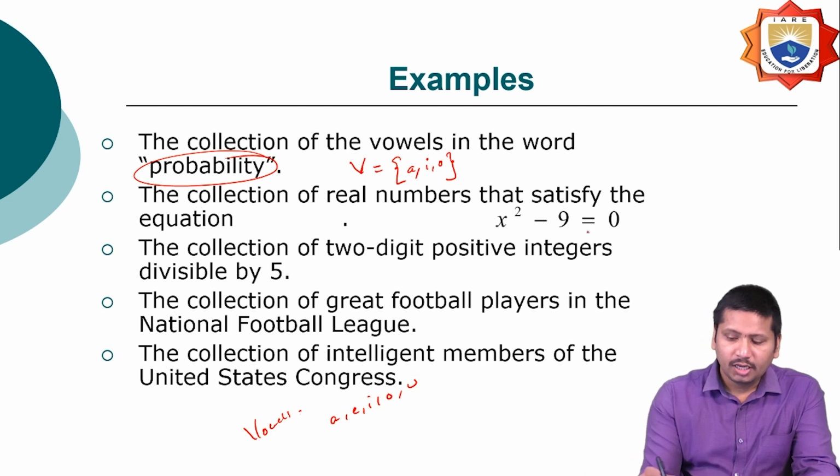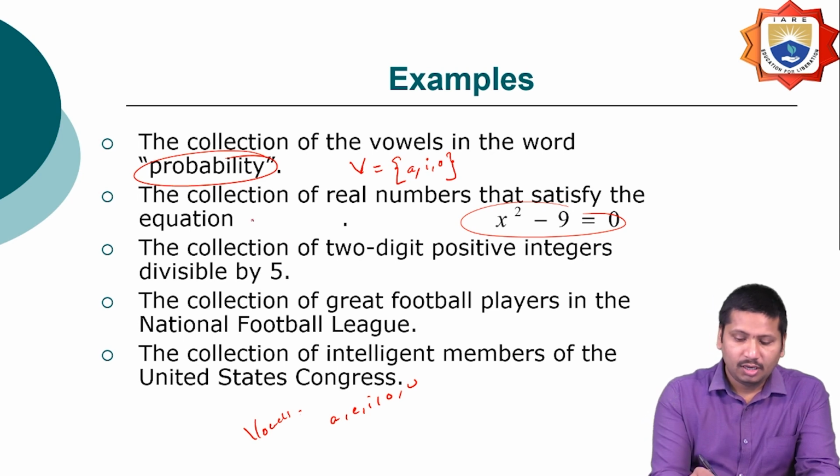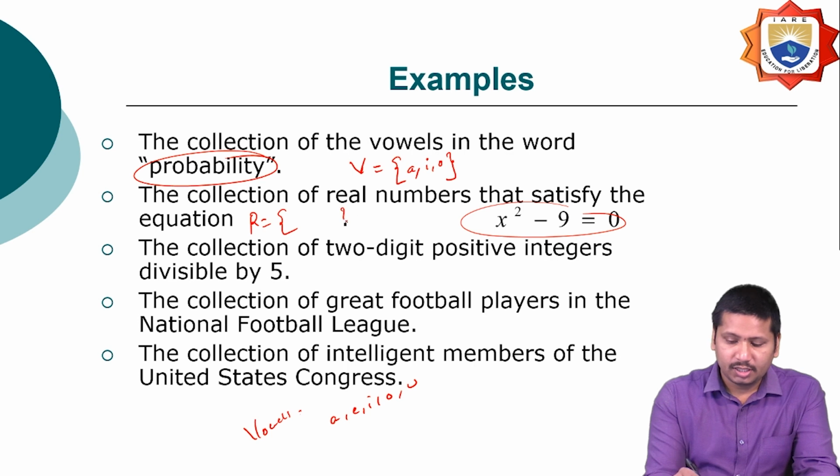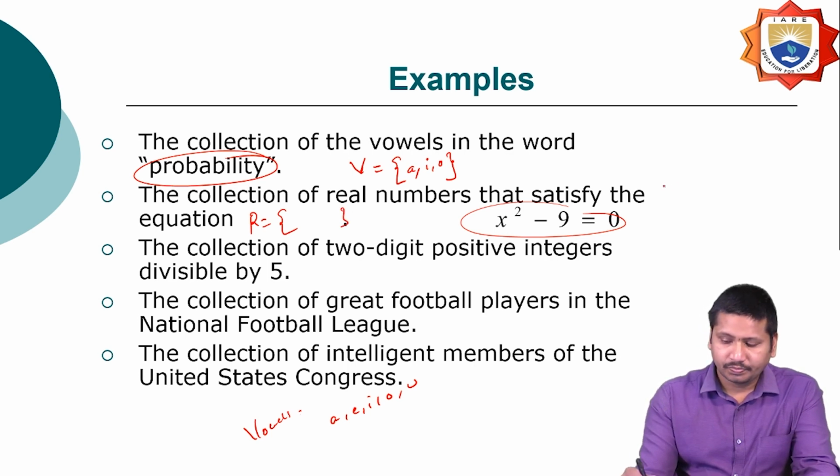Similarly, if I consider this equation, what numbers satisfy it? Can we create a set like this? Suppose I substitute 2 squared minus 9, that is 4 minus 9, which is not equal to 0.